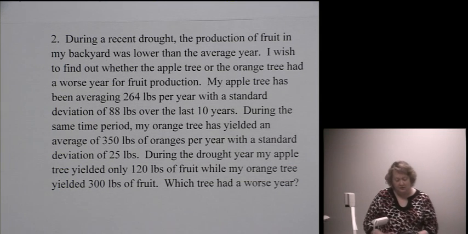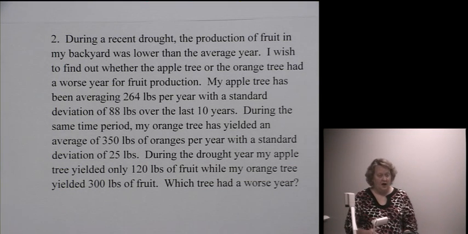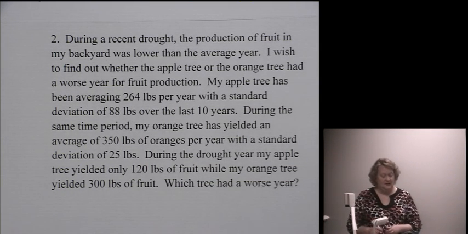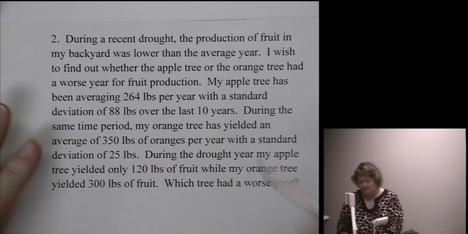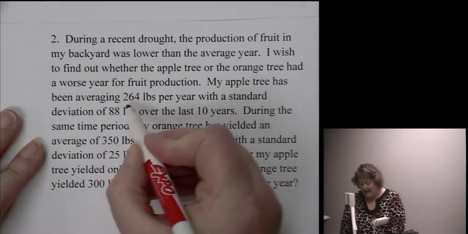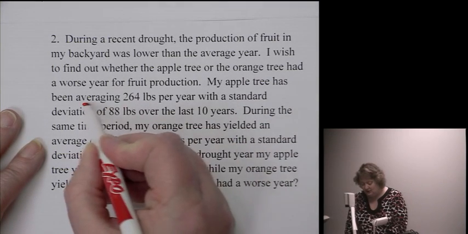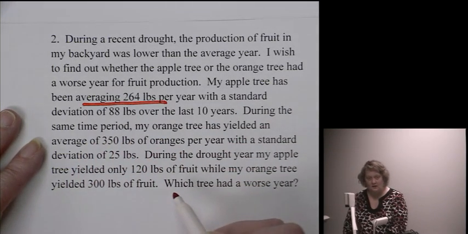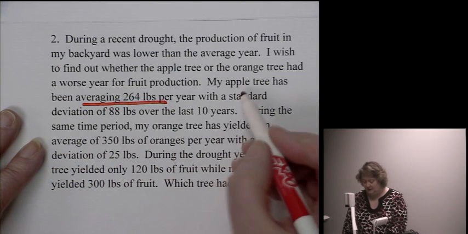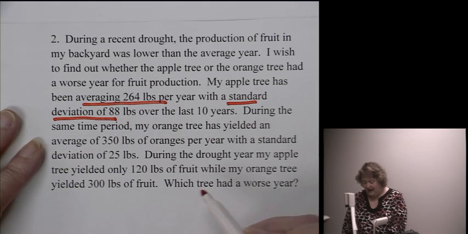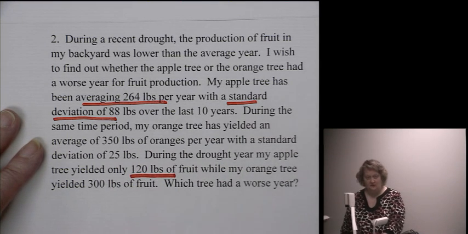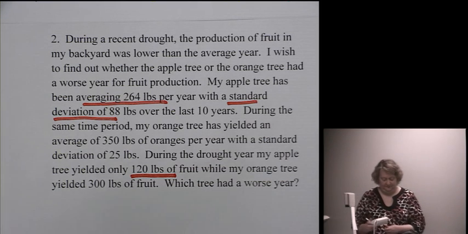Well, first of all, I want to see that I've got two different things going on here. I've got apples and oranges. So let's first look at the apples. What's going on with my apples? My apple tree has an average of 264 pounds per year with a standard deviation of 88, and during the drought produced 120 pounds.